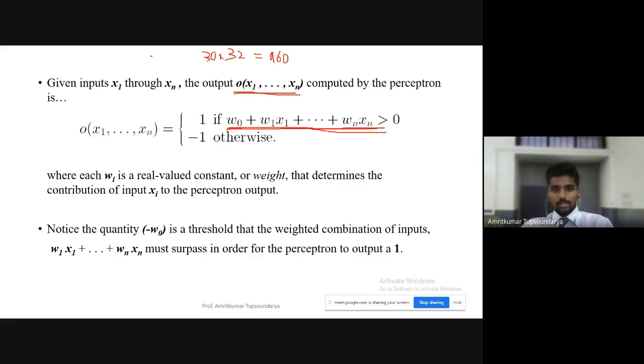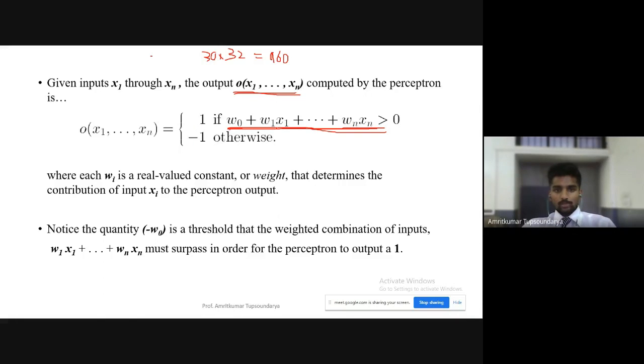So this linear combination will go on up to 960 pixels: W naught plus W1 X1, and so on up to W 960 X 960. If this threshold, which is the summation of the products of these values, is greater than the threshold, it will return the value 1, or else -1.